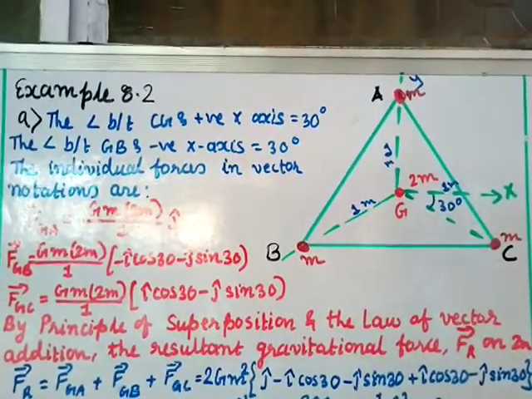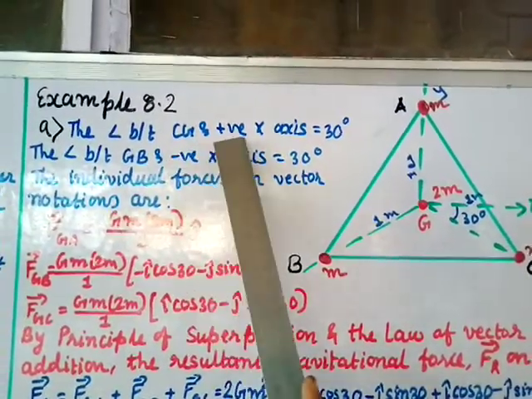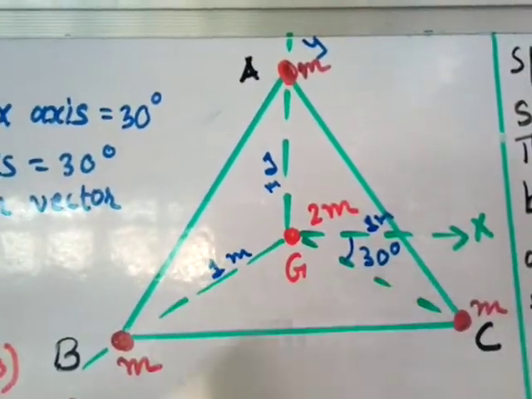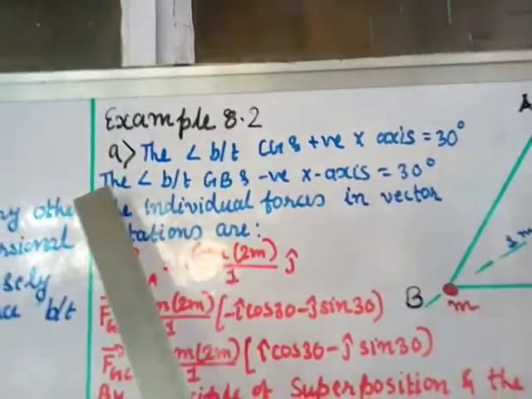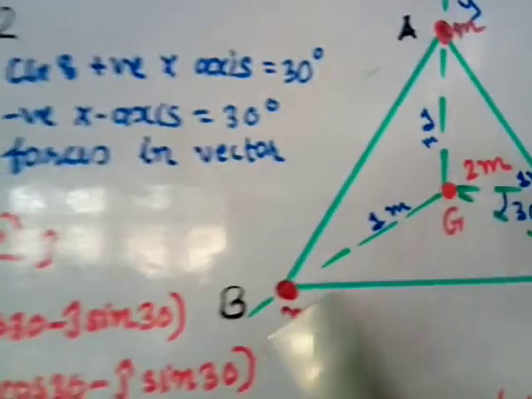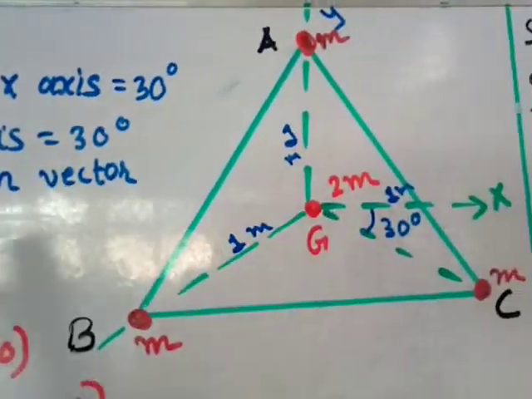Part A: the angle between CG and the positive x-axis is 30 degrees. This is CG and this is the positive x-axis. This angle is 30 degrees. The angle between GB and the negative x-axis is also 30 degrees, if you extend the x-axis towards this side.